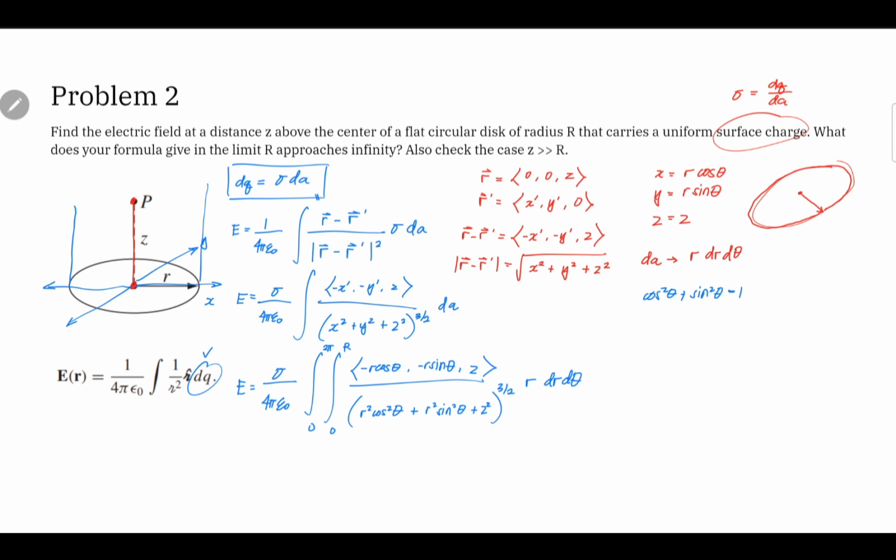So then your denominator actually simplifies to sigma over 4 pi epsilon naught, integral from 0 to 2 pi, integral from 0 to R of negative r cosine theta, negative r sine theta, z, all over r squared plus z squared raised to the 3 halves, multiplied with r, dr d theta.